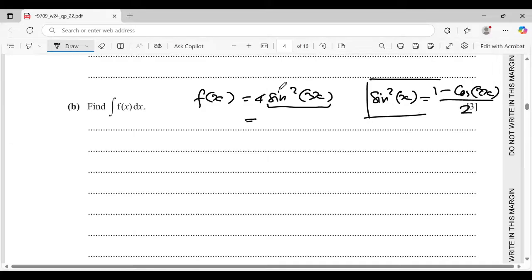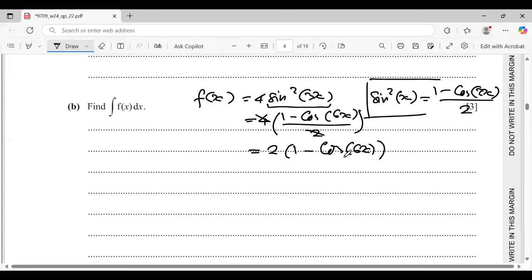So I would like to change this, it becomes 4 times 1 minus cosine 6x over 2. So 4 divided by 2 equals 2. 2 times 1 minus cosine 6x, like this.